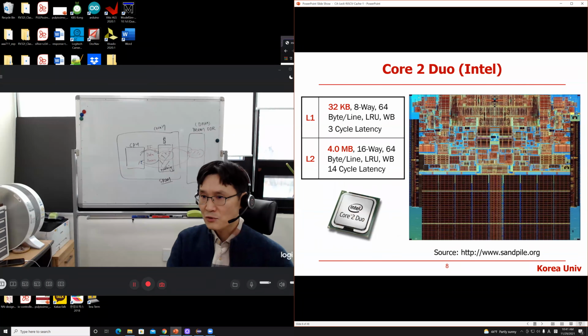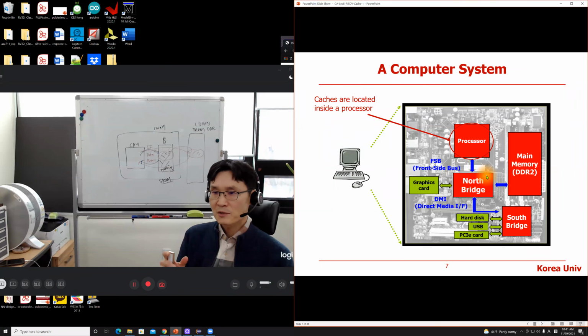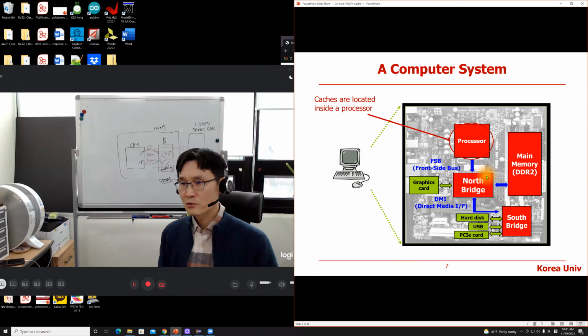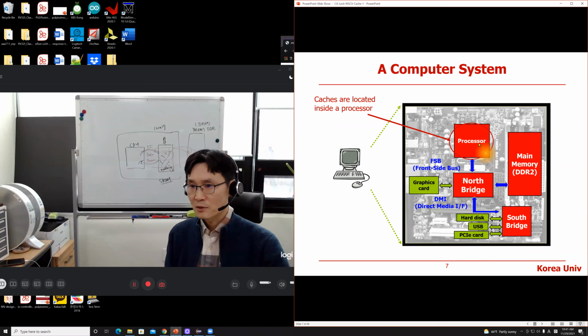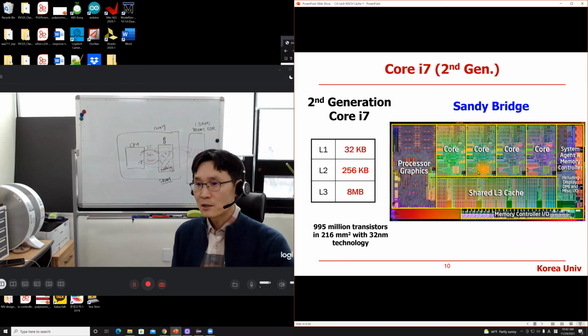That graphics engine used to be in the Northbridge, that chip. But because of the semiconductor technology, Intel was able to merge these two. You put these two together, right? This one and that one together. So now, the Intel processor has a graphics engine inside the processor.